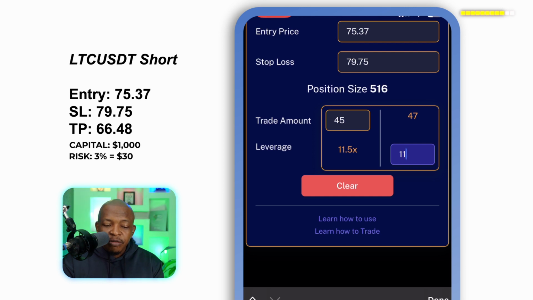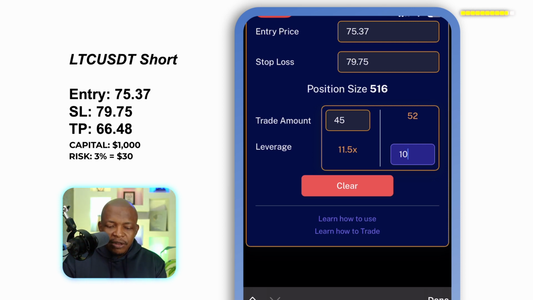It means that my trade amount is going to be 47, my leverage will be 11, and the same thing applies. When I lose, $30. When I win, $60. Even if I make this 10, my trade amount will be $52. The same thing, when I lose, $30. When I win, $60. I hope this is clear. So this is how you know the exact leverage to use for your trade.